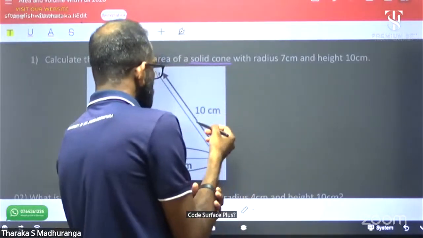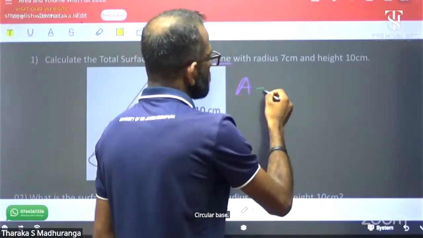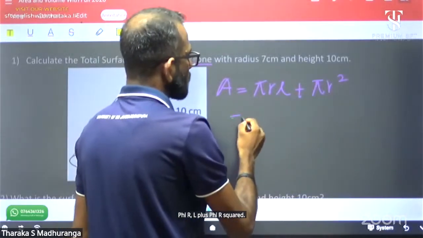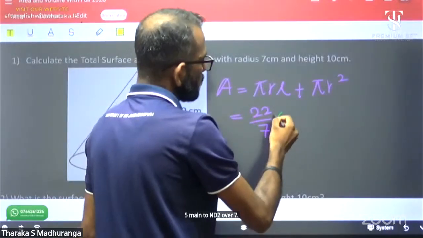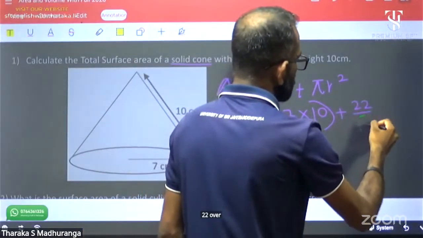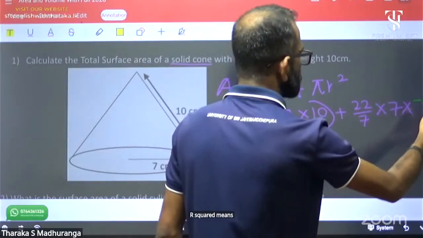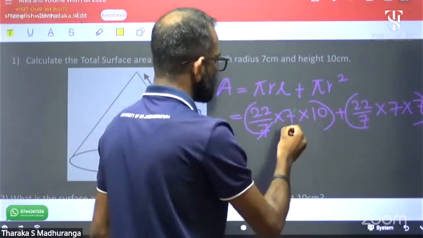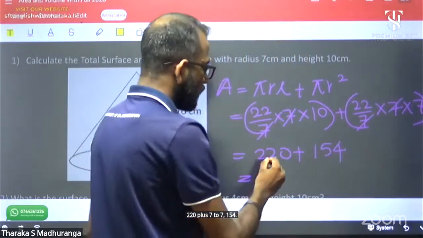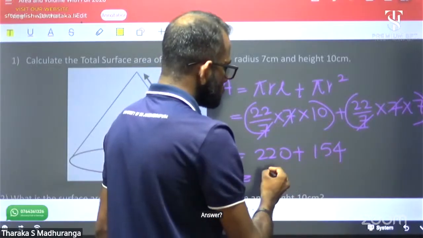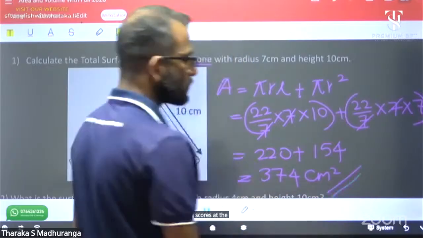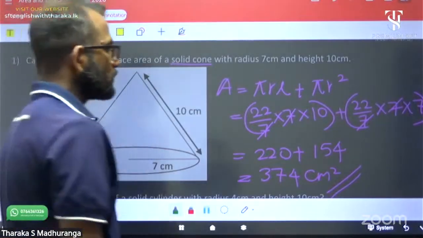Area equals πrL plus πr squared. π is 22 over 7, radius 7, L 10. 22 over 7 times 7 times 10 is 220, plus r squared 7 into 7 times 22 over 7 is 154. Answer 374 square centimeter.